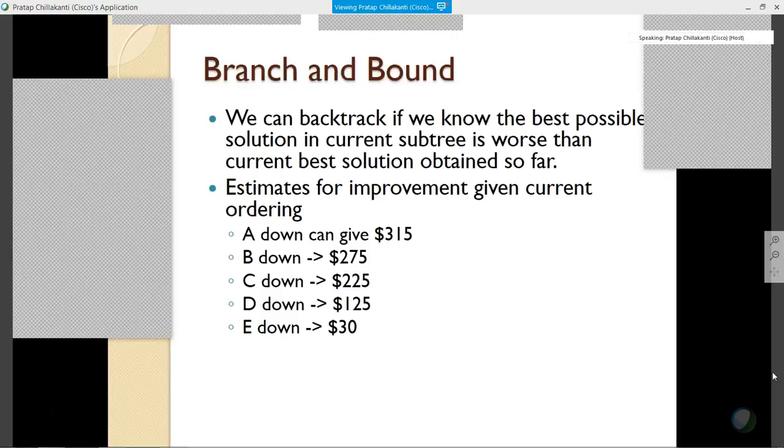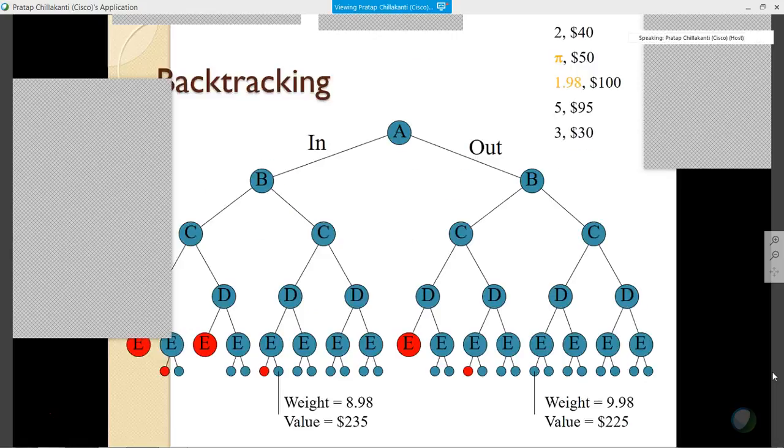So when I calculate ABC weights, what are the weights of ABC? 2 pi is 3.14. So that's 5.14, 7 point something. The moment you add 5, it is becoming 12. I think the weight limit was less than 10. 10 is the weight limit. So I know that the moment I add D, I exceed the weight.